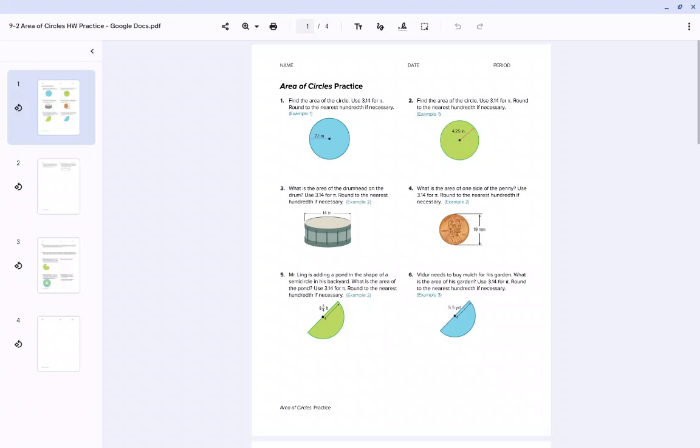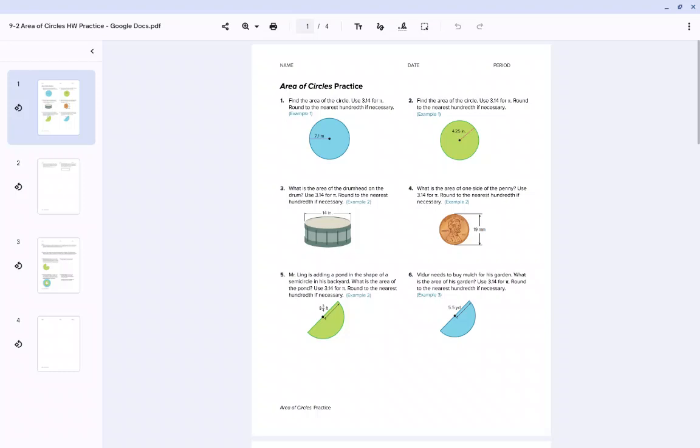And I said that's half of a circle. So we need to have half of the area. So to halve an area, we would divide it by 2. So when we have a semicircle, we have to divide the area by 2 in order to get the area of it. So 240.41 divided by 2 means that you should have a final answer of 120.21. And then that would be feet squared.